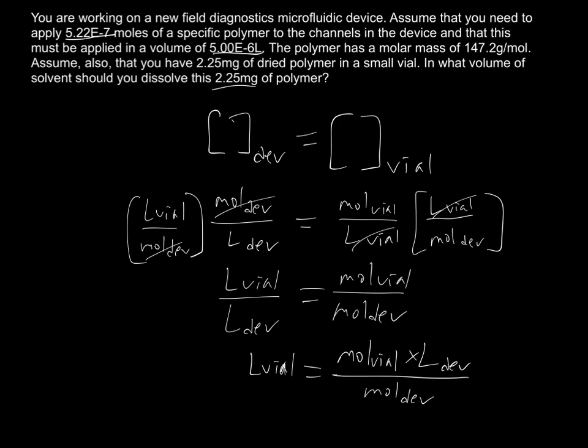We know that moles of vial divided by moles of device is equal to 29.31, if you do the calculation based on the moles we got from the previous problem, the moles in the vial, because our mass was only given in milligrams. Multiply that number, 29.31, by liters of solution in the device, and you should get the same answer that we got in the previous problem, 1.46 times 10 to the negative fourth liters.